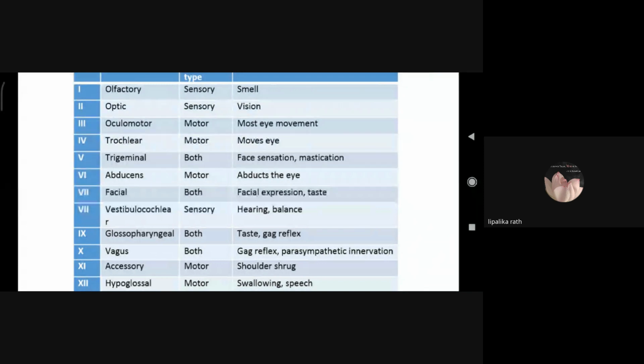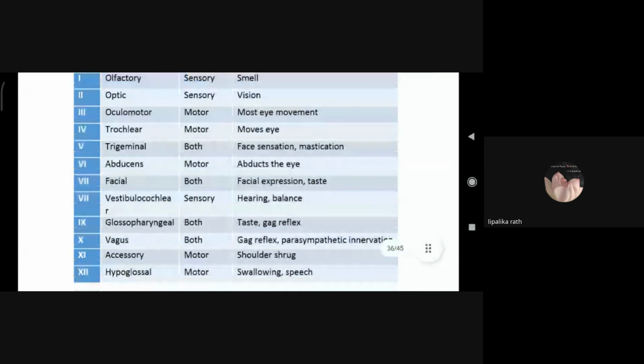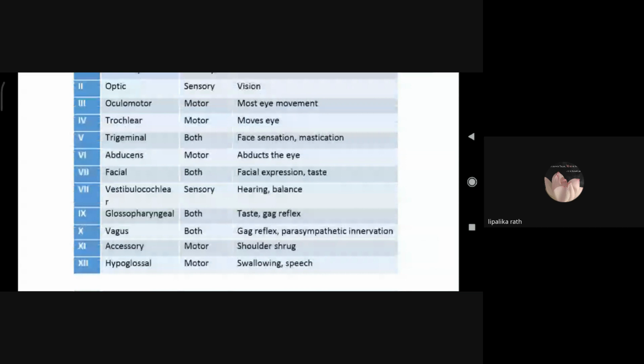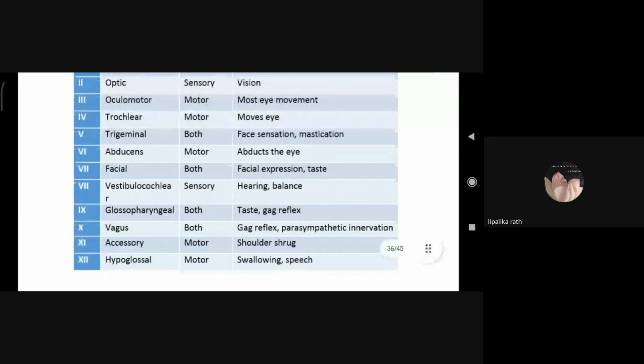Vestibulocochlear is a sensory nerve which senses hearing, and it also balances our body so that we do not fall. Now, glossopharyngeal, for both taste and gag reflex, is associated with our tongue.